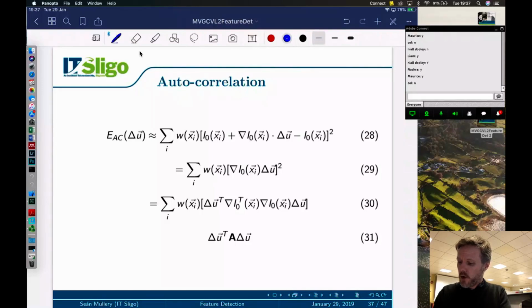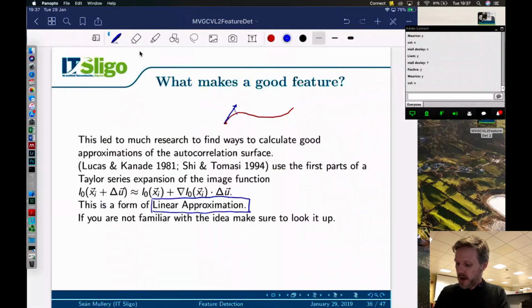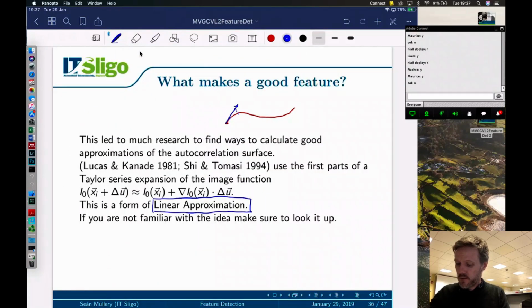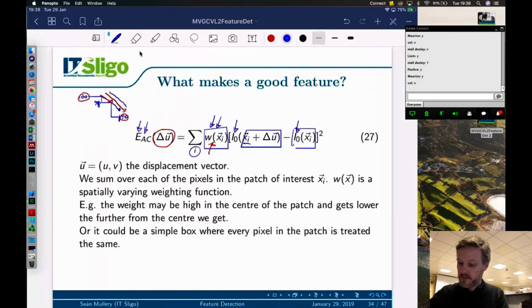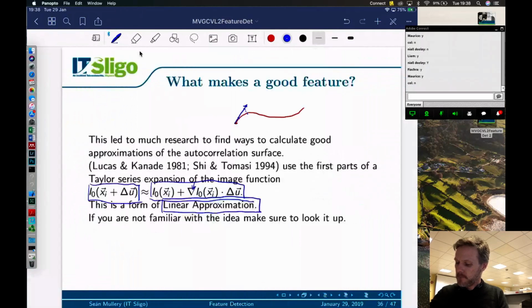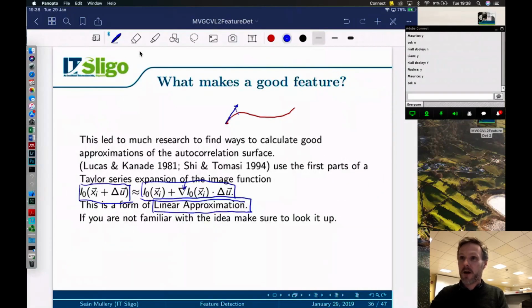Okay, so what they basically said was, we're going to replace this with its linear approximation, which is this, which is basically just take the gradient of the image at the current position, which is what I did back here, and multiply that by whatever distance we want to travel along that gradient, and that will do us.